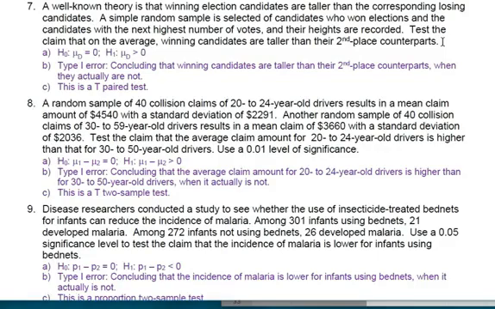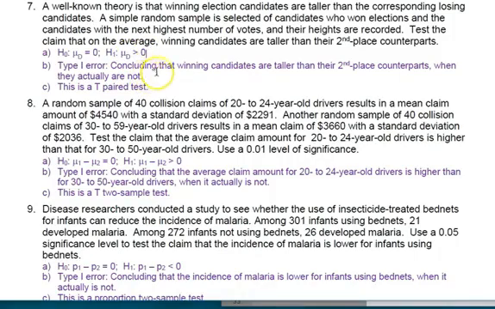So this is a paired sample situation. That means that our parameter is the mu sub d, it's the mean of the differences. And if the winning candidates are taller, that means that if we subtracted their heights, we'd get a positive number. So we want the mean of the differences to be greater than 0 for our alternative hypothesis.